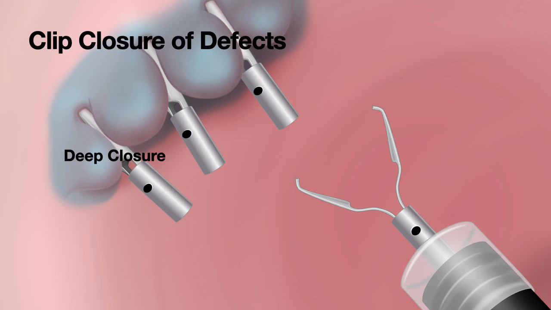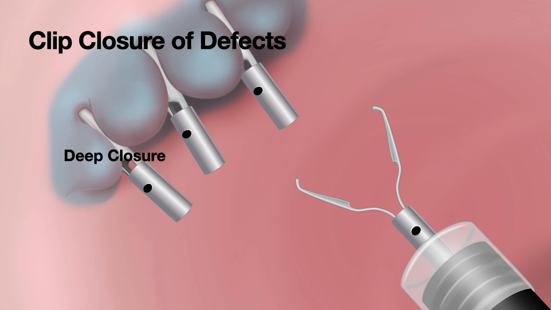So what did we learn so far? In terms of clip operation, open the clip, one step, close the clip, second step. Final step is deploy. Do not deploy until the endoscopist says deploy. That's one concept.